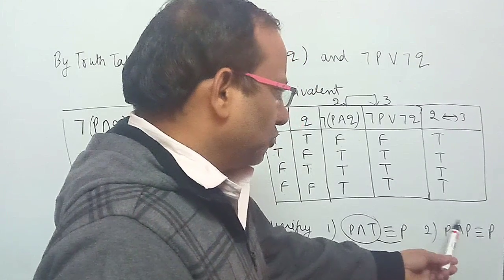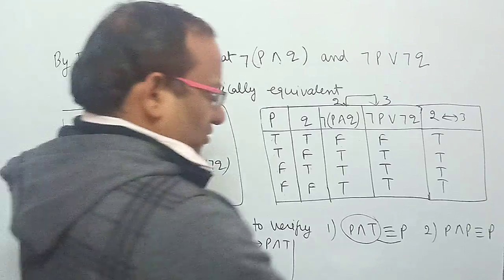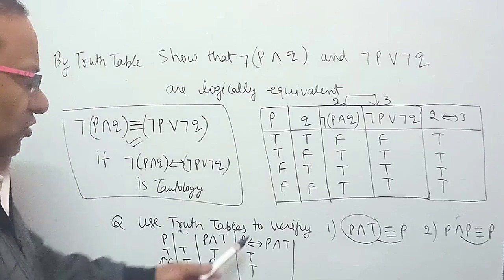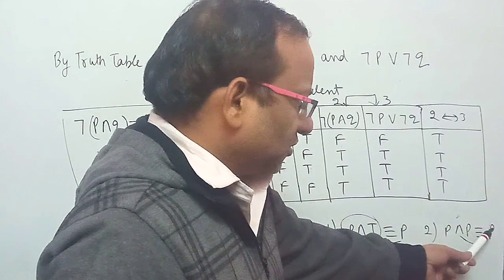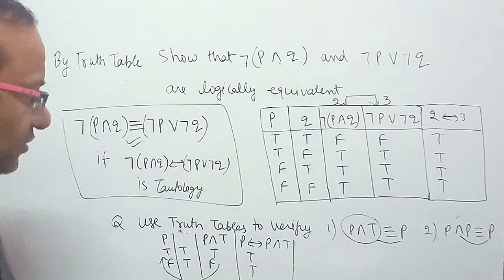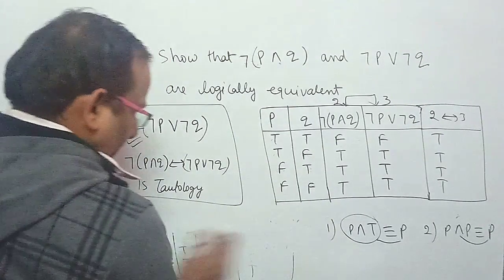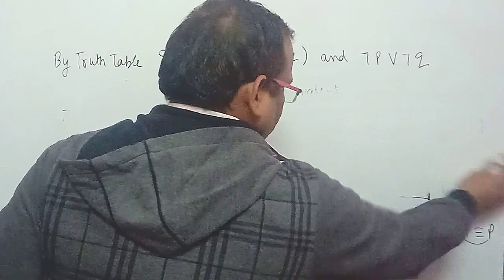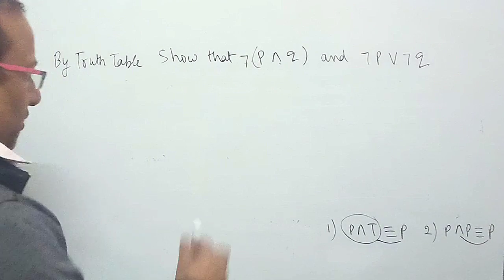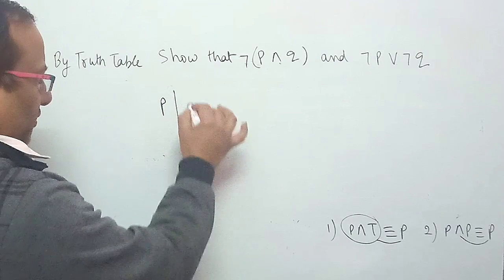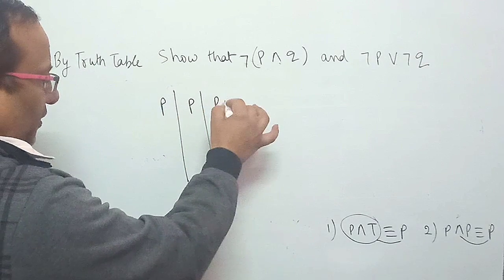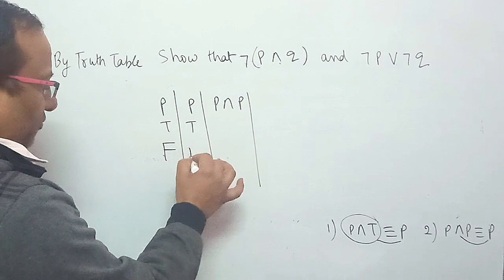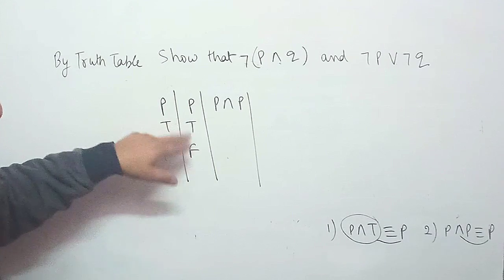Similarly we can find P and P. Since both P and P will be the same, again they are going to give you a tautology. Hence we can say this is equivalent to this. So let's verify this also. Second expression: once again write P, now write P and P. It can only take true or false.